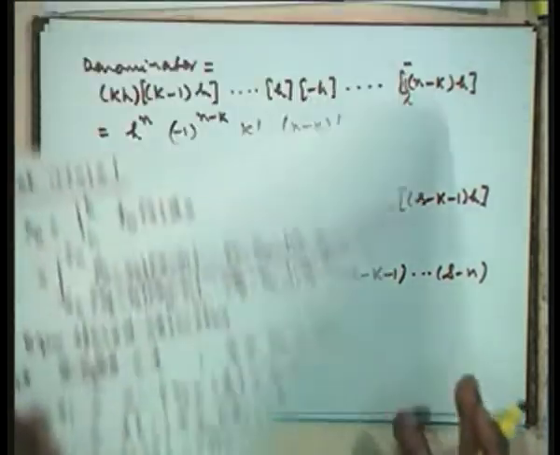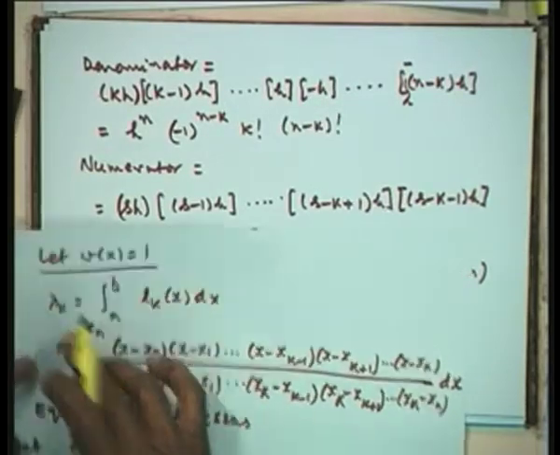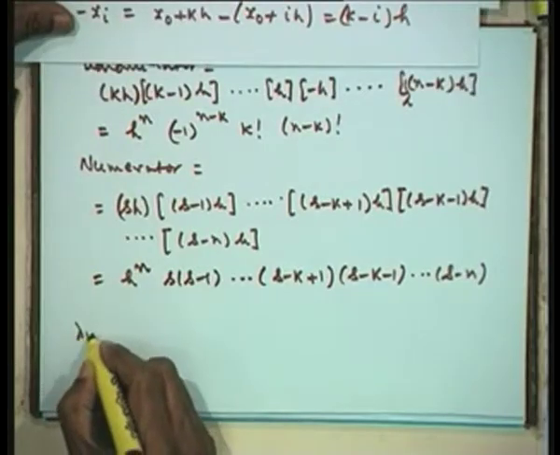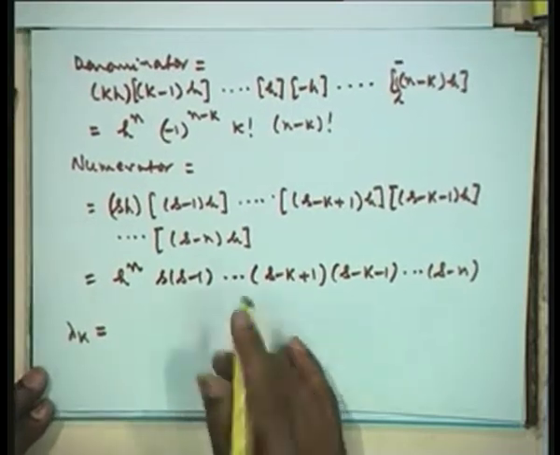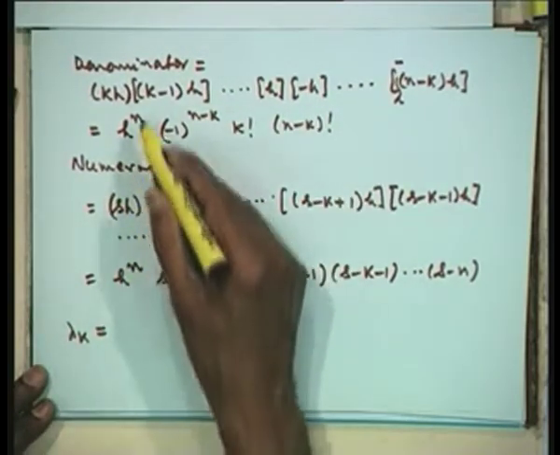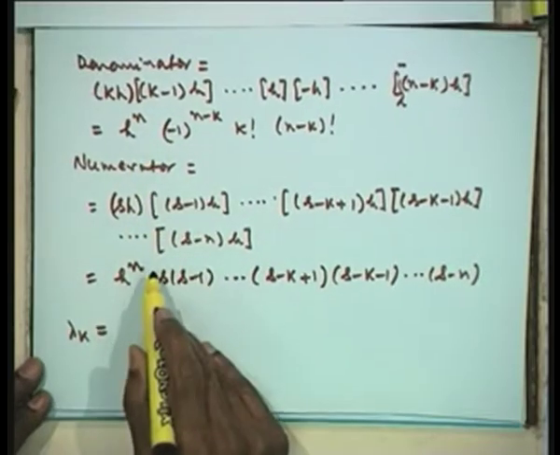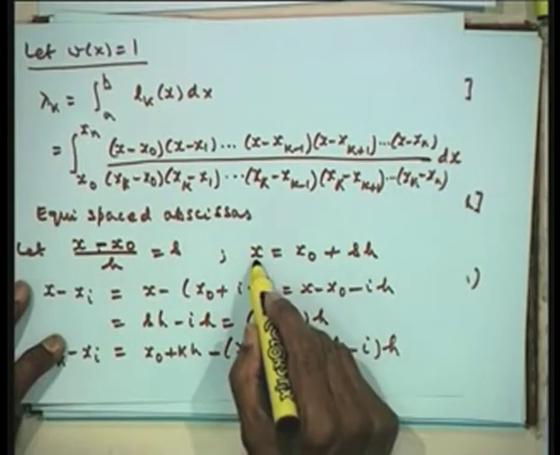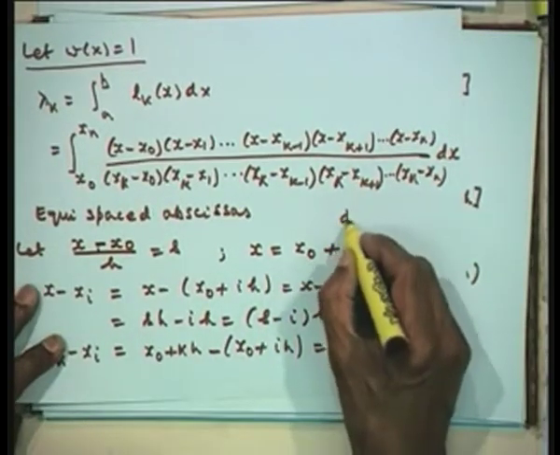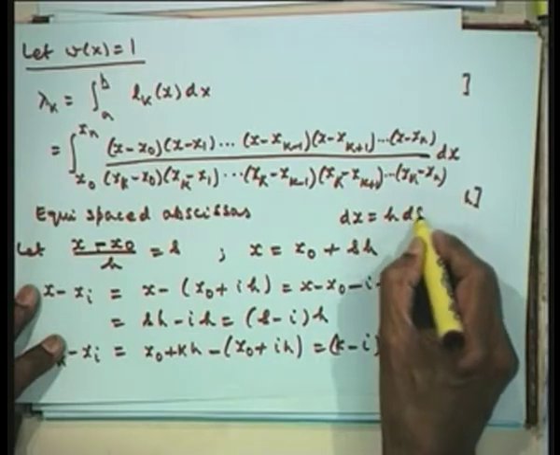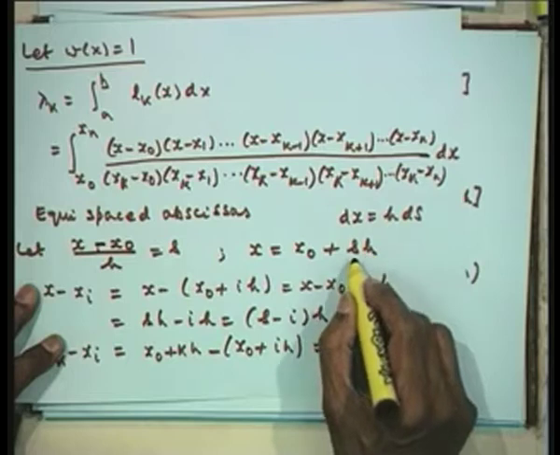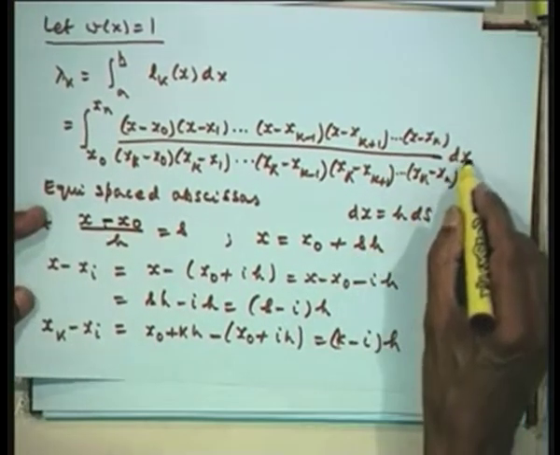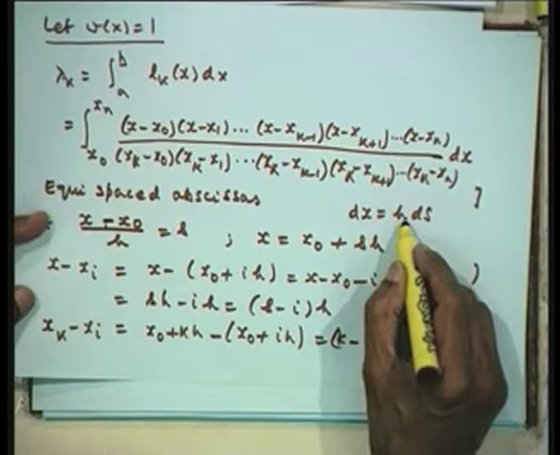Now, I can substitute the denominator and the numerator in lambda k. So, if I do that, let us write down lambda k. When I substitute, h to the power of n cancels with h to the power of n. So, we can drop off h to the power of n. Furthermore, we have dx here, and dx is equal to h times ds. Therefore, dx is also contributing one h term.